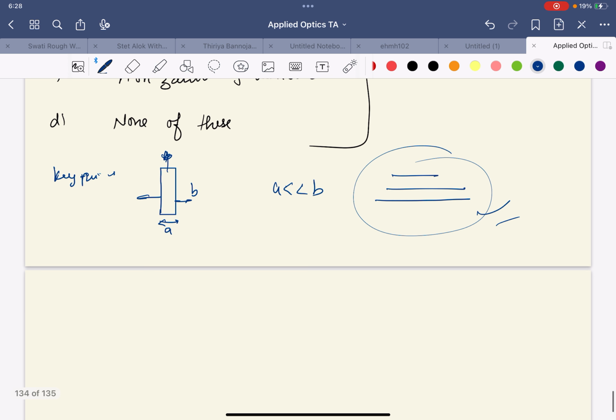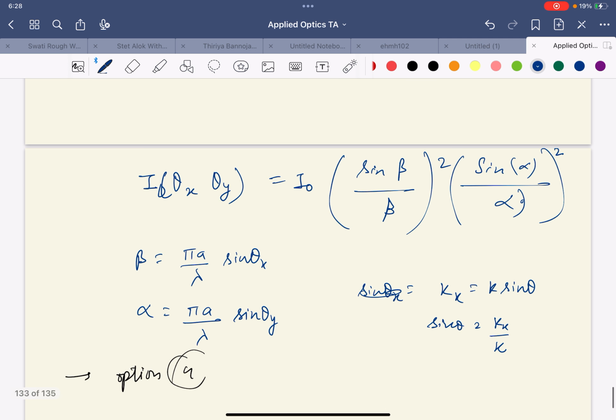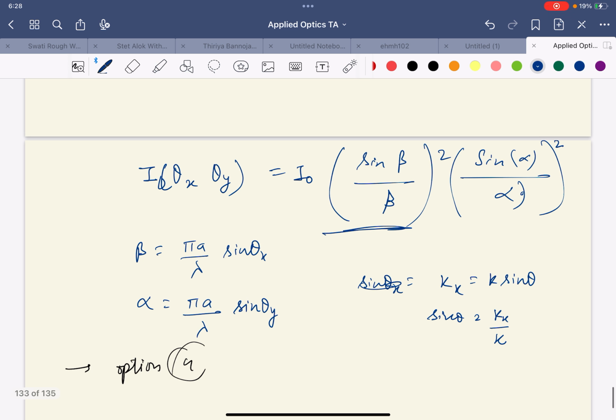Since A is very small compared to B, alpha is very small, so that term will be 1 and the function will be only this one.